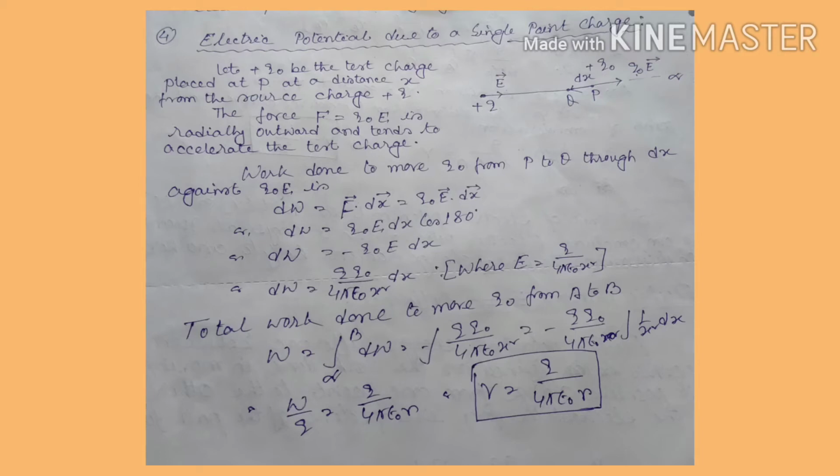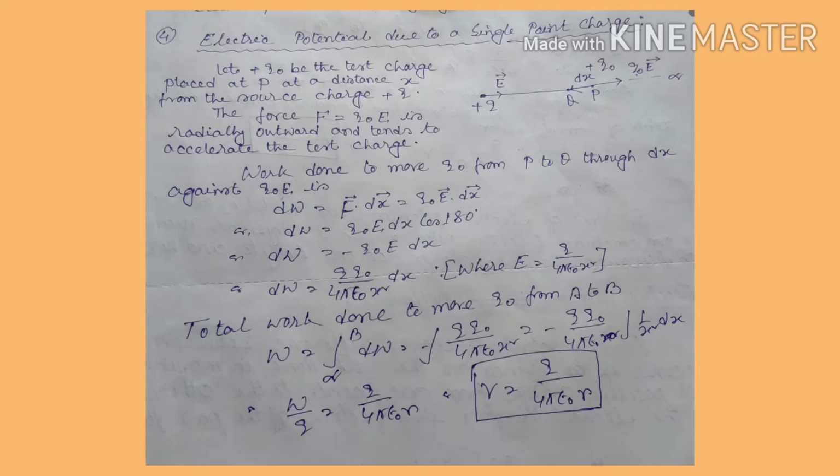Work done to move Q naught from P to Q through dx against Q naught E is dW is equal to F vector dot ds vector, that is equal to Q naught E vector dot dx vector. So dW is equal to Q naught E dx cos 180 degrees.